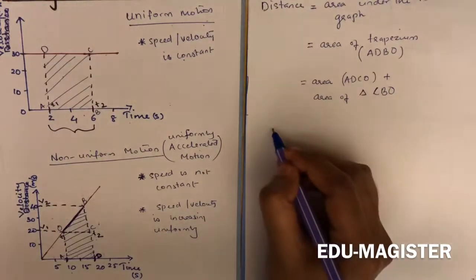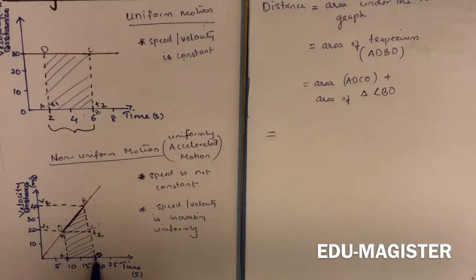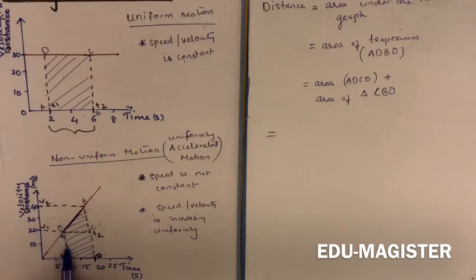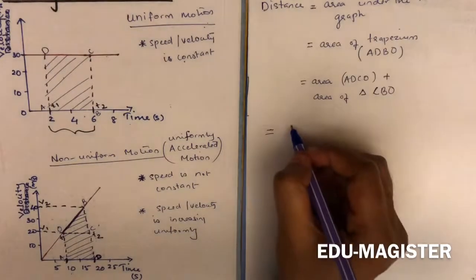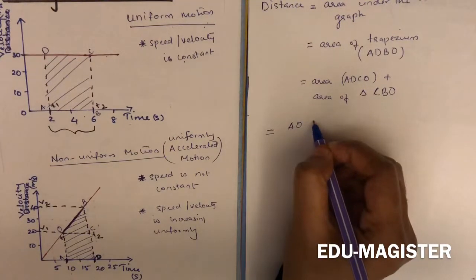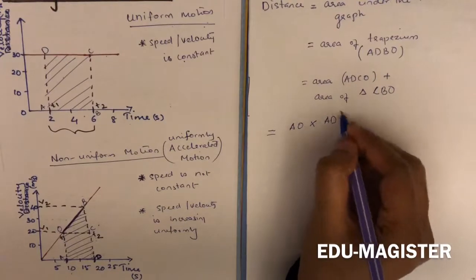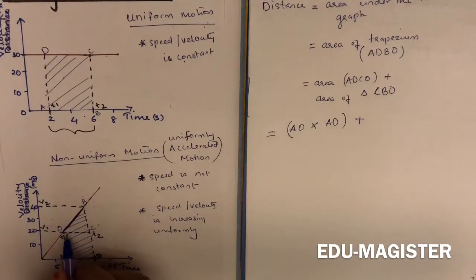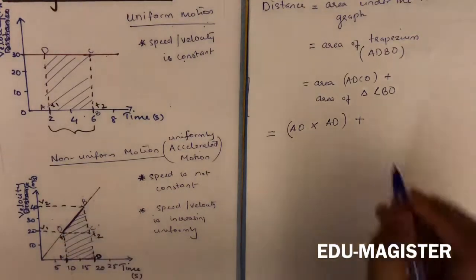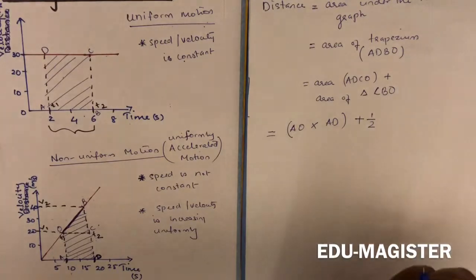Now, how to find the area of ADCO? It is nothing but length into breadth, here AO into AD, plus the area of this triangle, which is half into base into height.